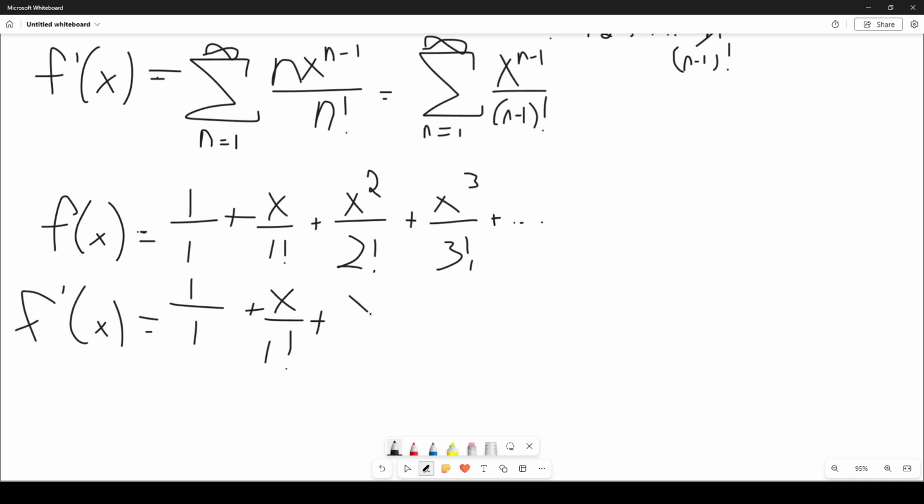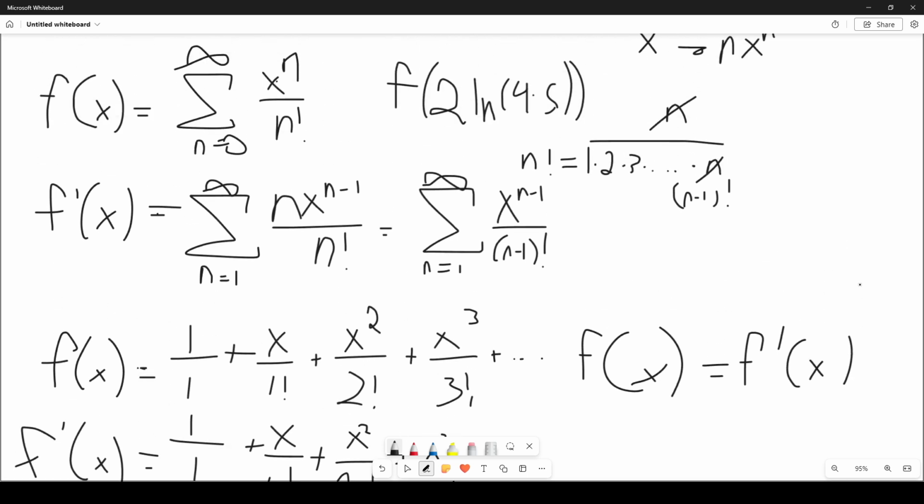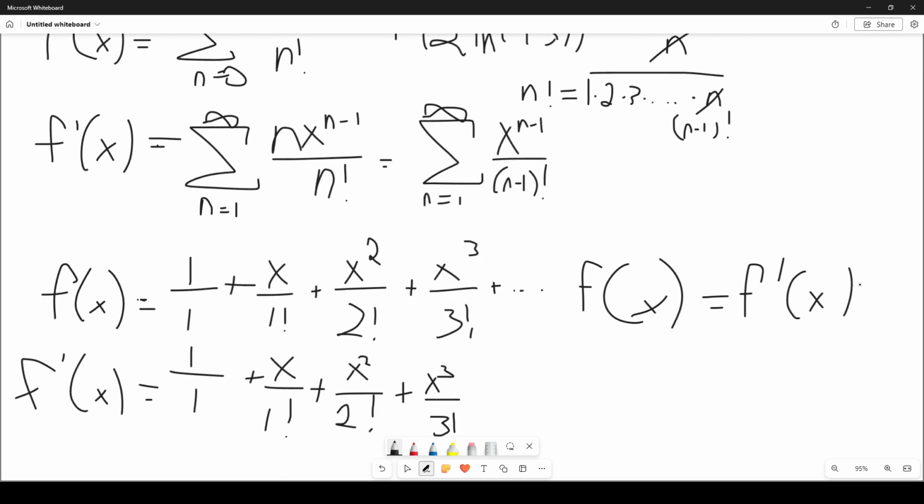In fact, you'll see that we're actually going to get the exact same thing if we just continue our pattern. What we're observing here is that f of x equals f prime of x. If we take the derivative of our infinite sum, it's the same as the regular function.